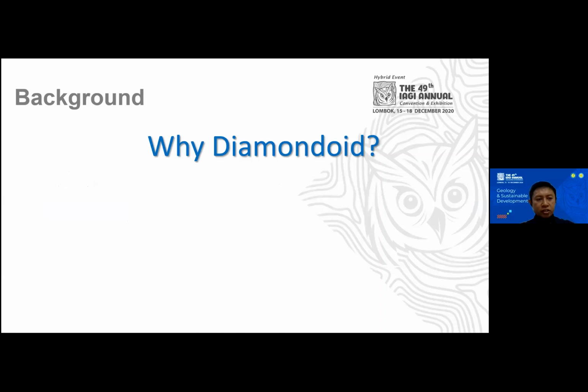Why did I choose this topic, the diamondoid? In geochemical analysis of petroleum, commonly we use the ratio of alkanes and acyclic isoprenoids, steranes, diasteranes, terpanes, and aromatic steroids. These compounds are biological markers, which are compounds derived from living organisms. For example, sterane is derived from sterol found in higher plants and algae. Triterpane is from terpenoid found in bacteria.